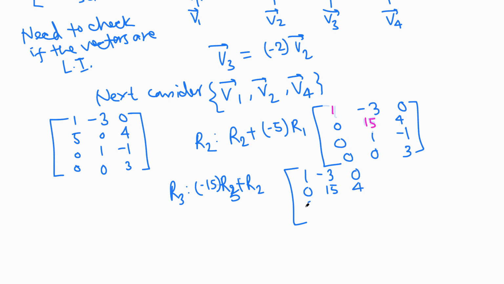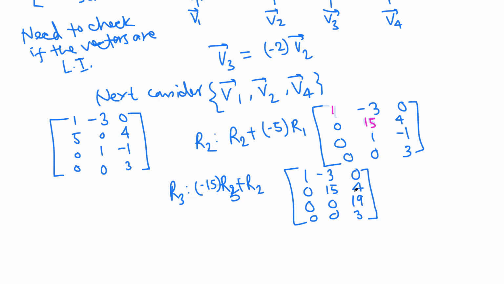Here is now 0, that's negative 15 plus 15, and negative 1 times negative 15 is 15, 15 plus 4 is 19, and we got here 0, 0, 3.